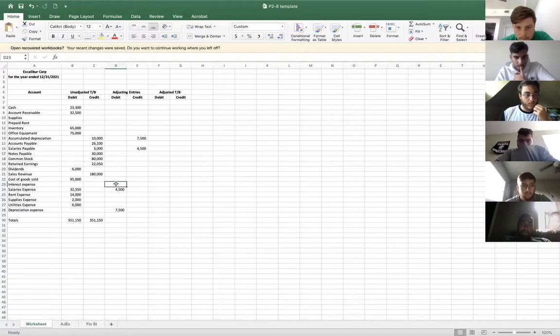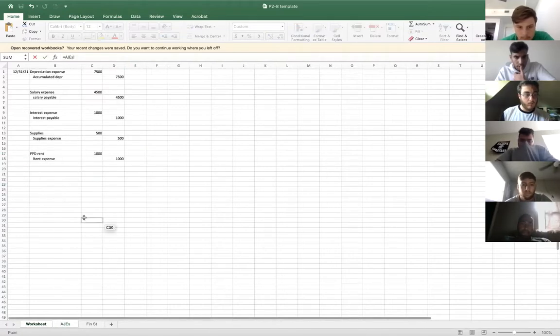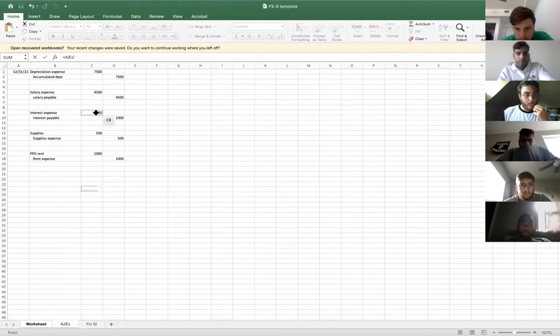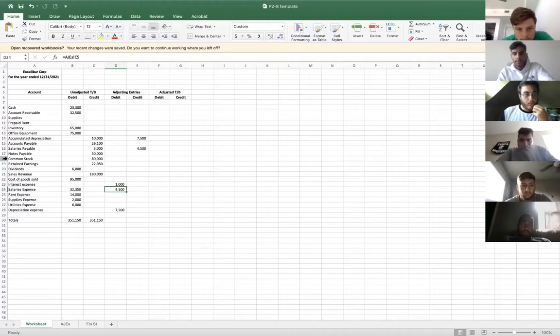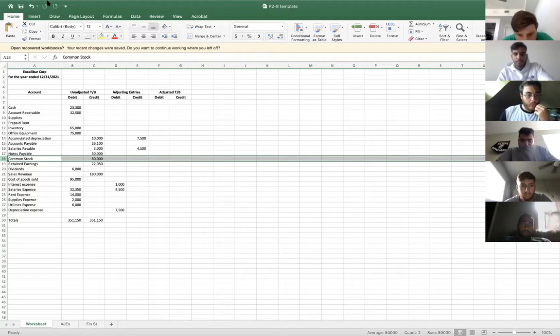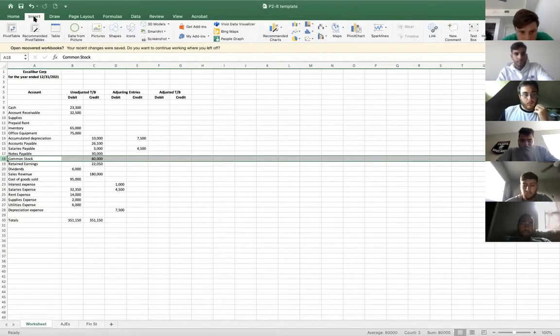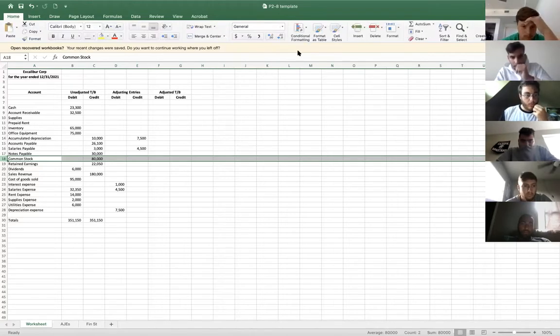Interest expense. And I don't have an interest payable, so I'm going to insert a row. I bet it's in the home tab.